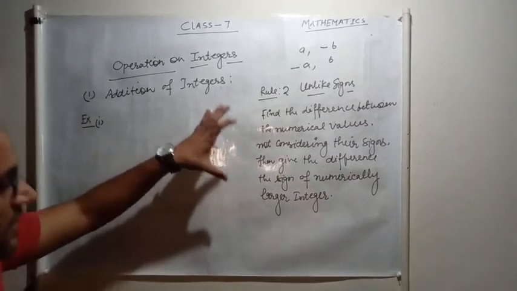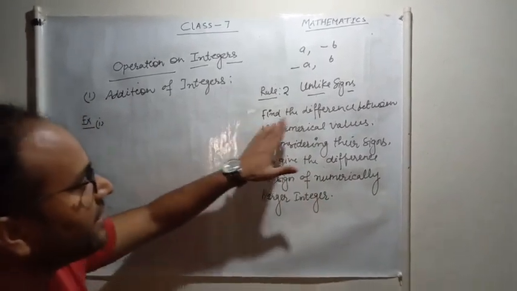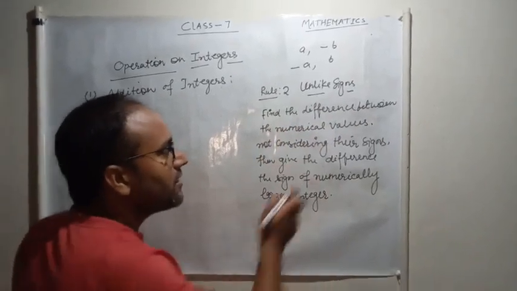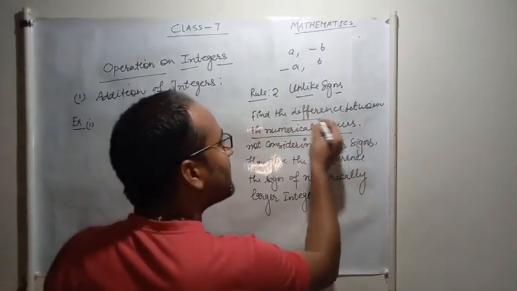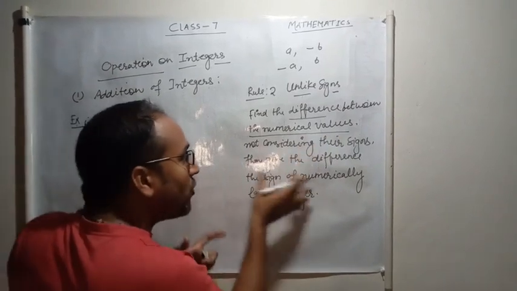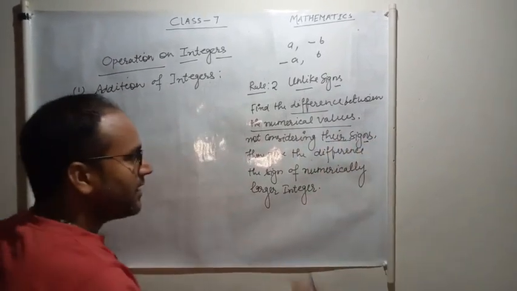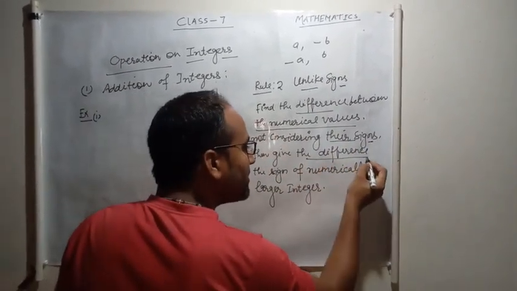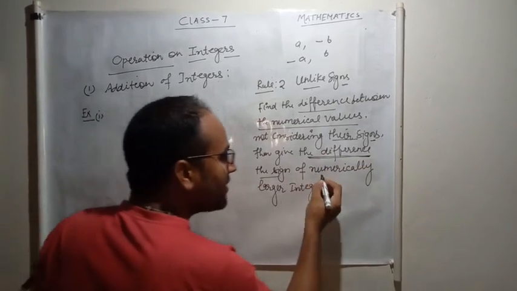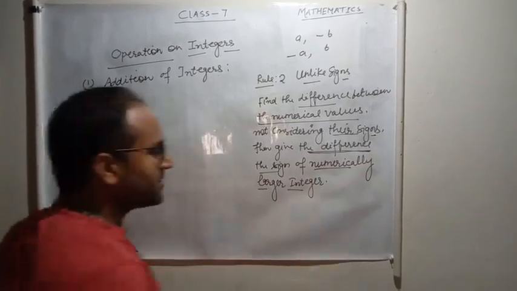Listen students, first understand this rule. Find the difference between the numerical values without considering their signs, and then give the difference the sign of the numerically larger integer.